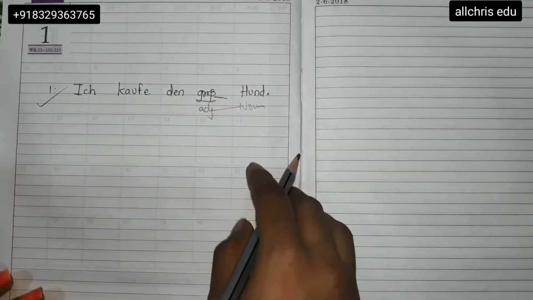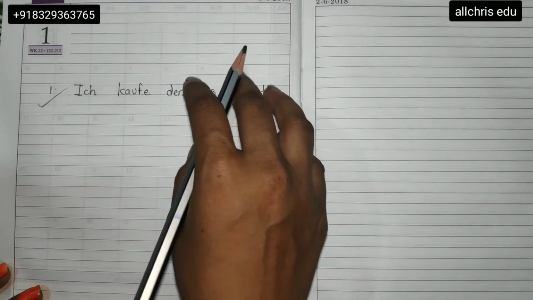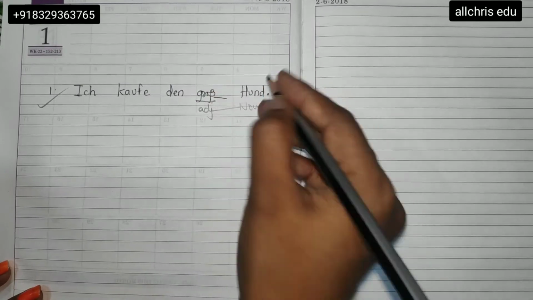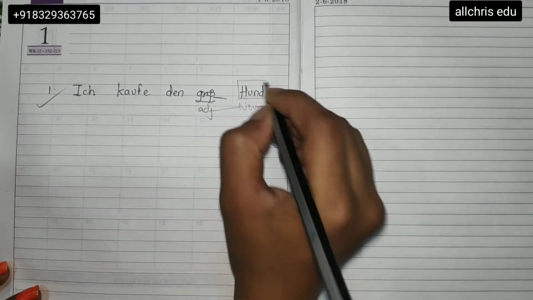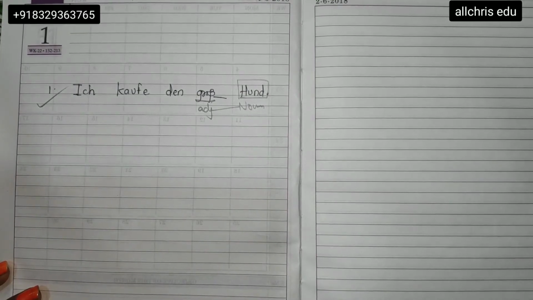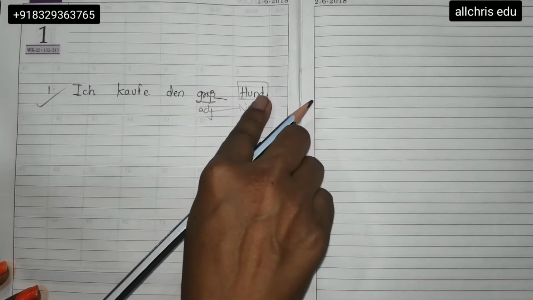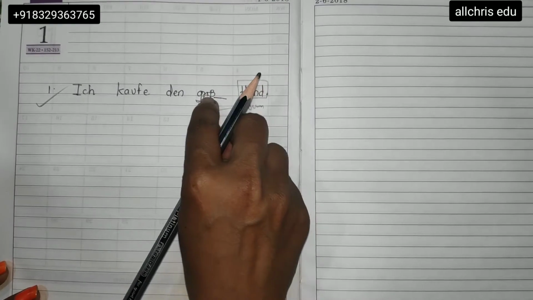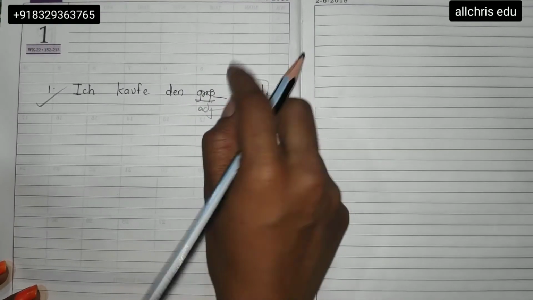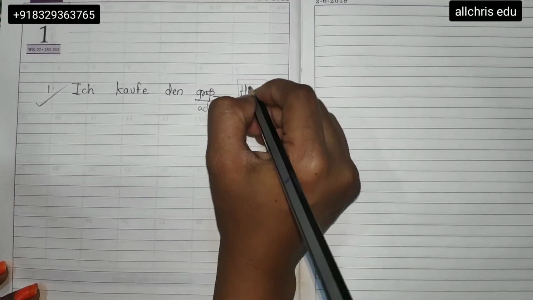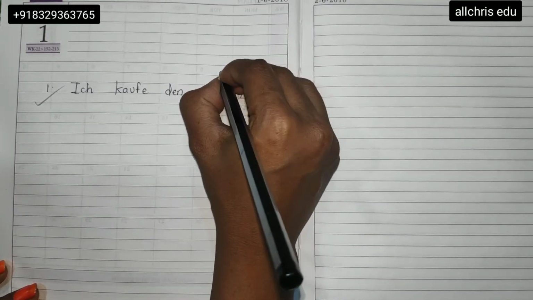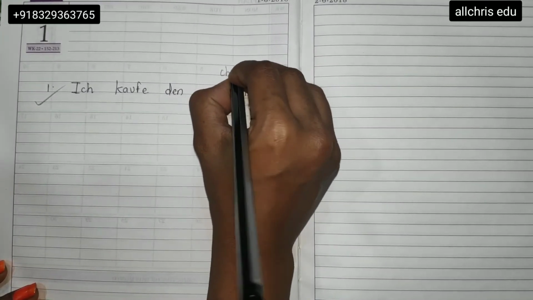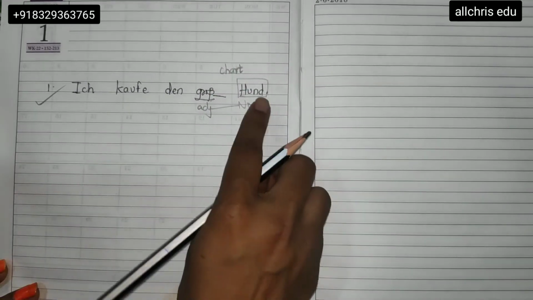Now what is necessary? This noun is very necessary, very important. This is my main thing from where I'm going to get the answer. So after the adjective, whichever noun is there, you need to find that noun's chart, that is, which article is applied to that noun.